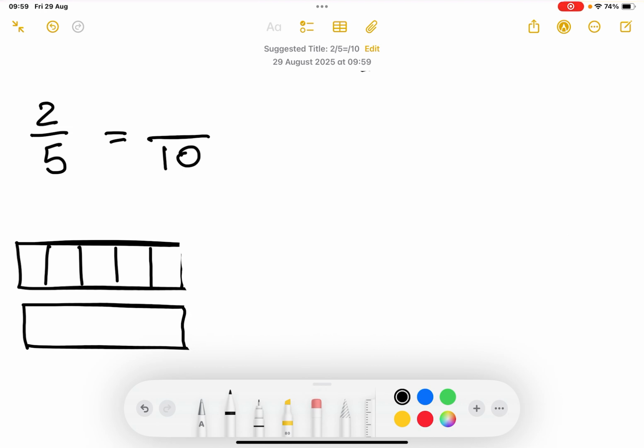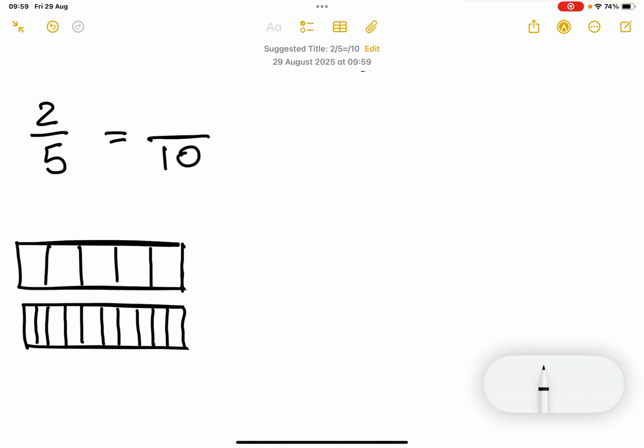I'm going to do the same here. 1, 2, 3, 4, 5. This time, I'm going to make it 10. Not a perfect drawing, but as long as they are both the same length, that's perfect.